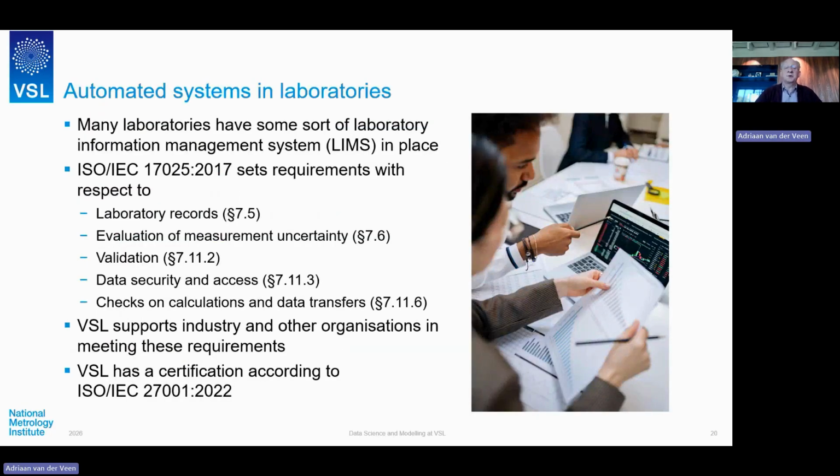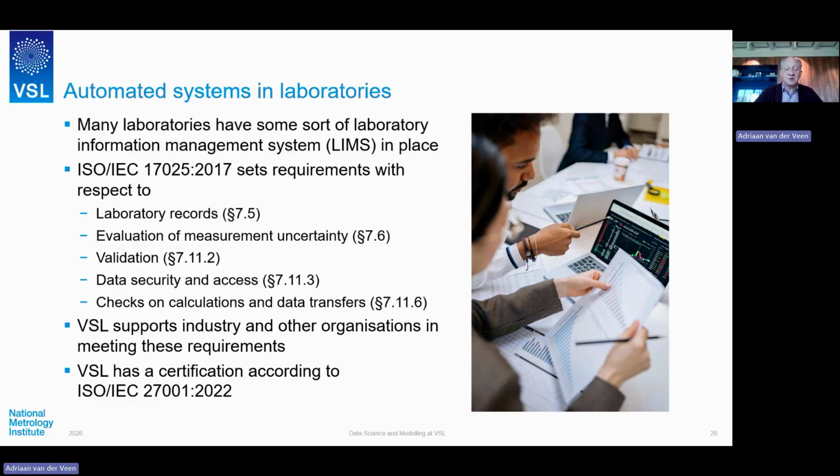What does that mean for you? Well, many of you will be organizations like laboratories or other organizations having automated systems. Many of you may also need to implement, just as us, the requirements of ISO 17025, which contains quite a number of requirements with respect to retaining laboratory records, the evaluation of measurement uncertainty, the validation of methods, data security and access, and checks on calculations and data transfers.